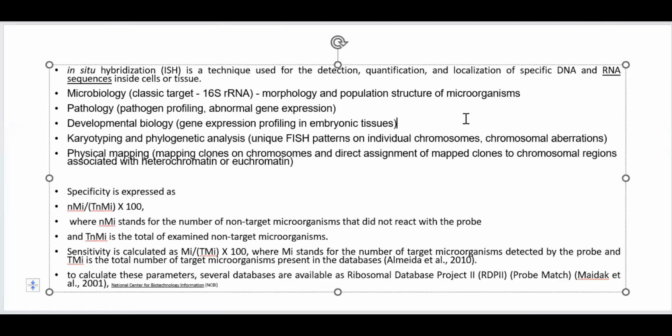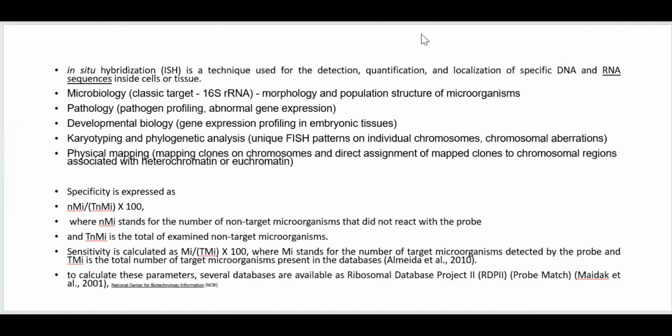Fine. So this is what we are talking about. So you can use it for 16S RNA as a target, and then it is for classification purpose maybe, or identification of a particular species. When it comes to pathology, applications are in pathogen profiling or abnormal gene expression.